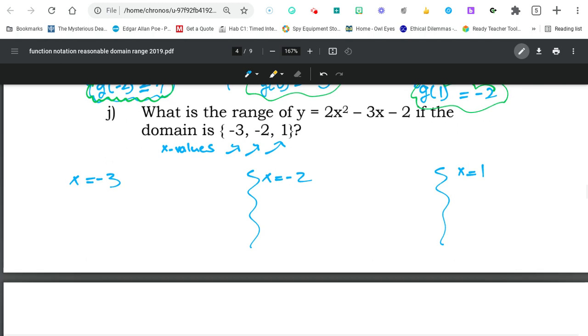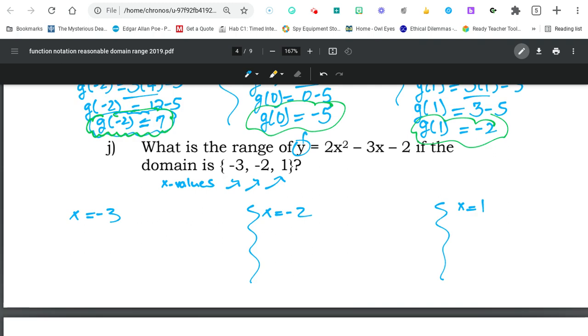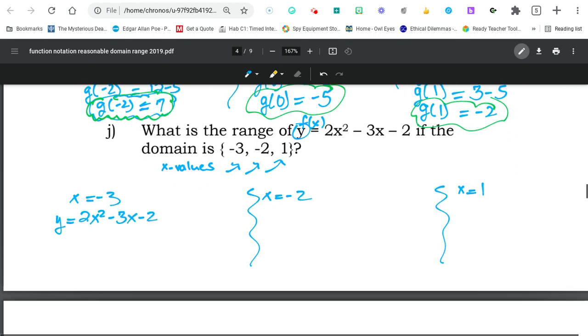And it uses y instead of f of x. That's a typo because we're practicing function notation. So I apologize, but you all have used y, so I'm just going to leave it. It's the same thing. That's my fault though, okay?